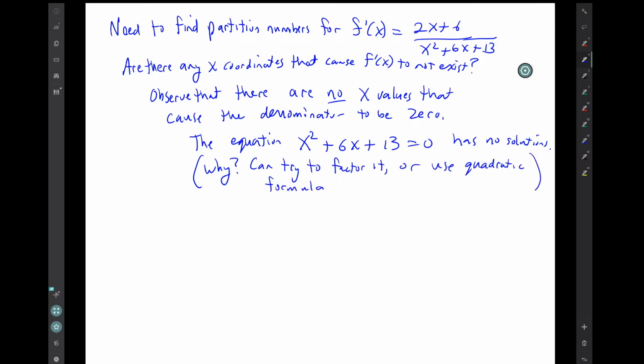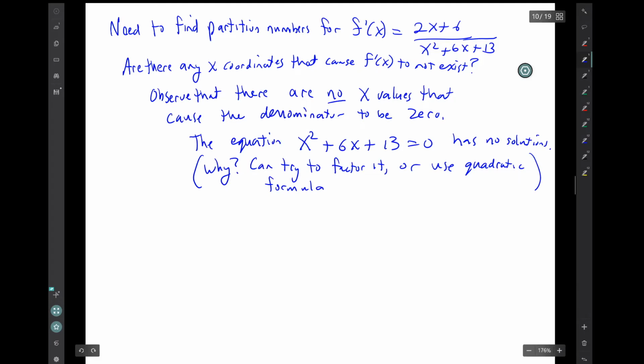Okay, so we looked at the denominator to see if there were any x values that cause the denominator to be 0, because that would be the only way that f prime would not exist. And the key is that this equation has no solutions. Why? Well, you can try to factor that. You won't be able to factor it. Or you can use the quadratic formula. You'll find out that there are no solutions to that equation.